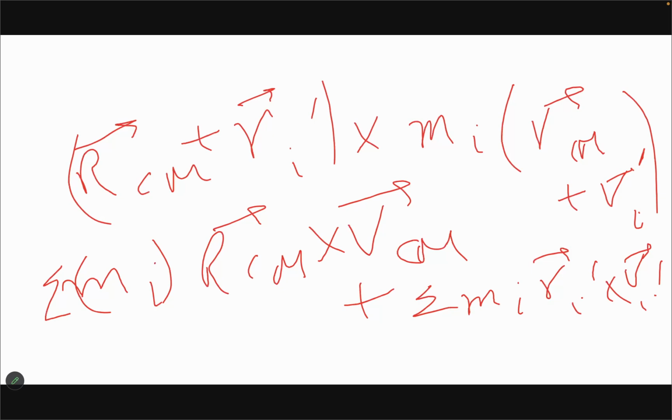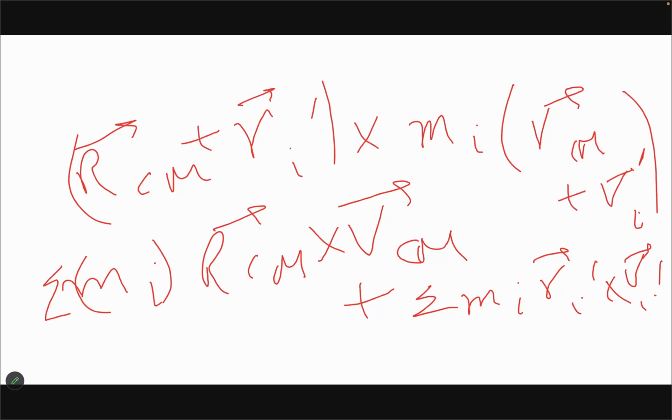So the first one is the angular momentum of a fictitious particle with a mass equal to that of the system, located at the center of mass and moving with a velocity equal to that of the center of mass of the system. Symbolically, L is equal to LCM plus R cross M VCM.